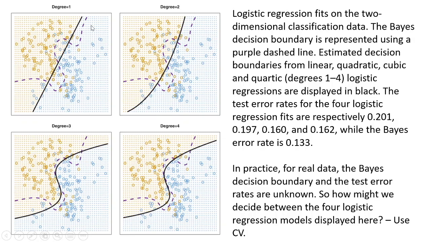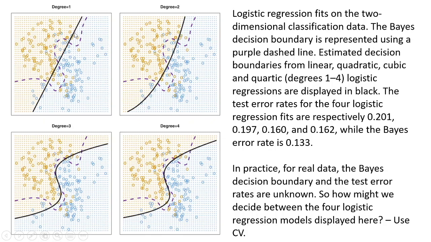So what we do is try to fit this using logistic regression. In the first picture on the top left, this is the logistic regression for the linear case, where you have up to the power of 1, so the degree is equal to 1. The test error rate for this is 0.201.